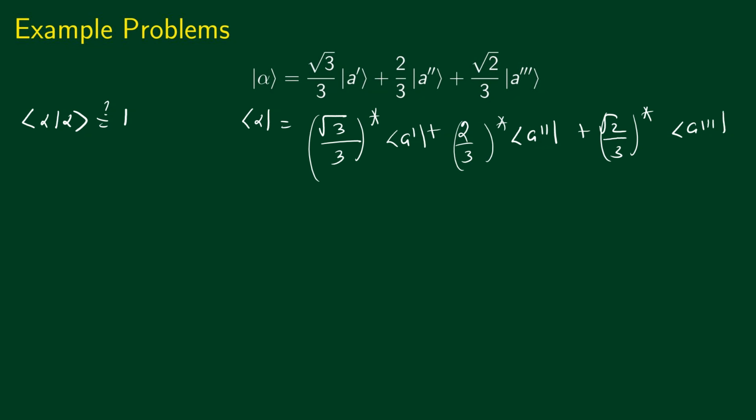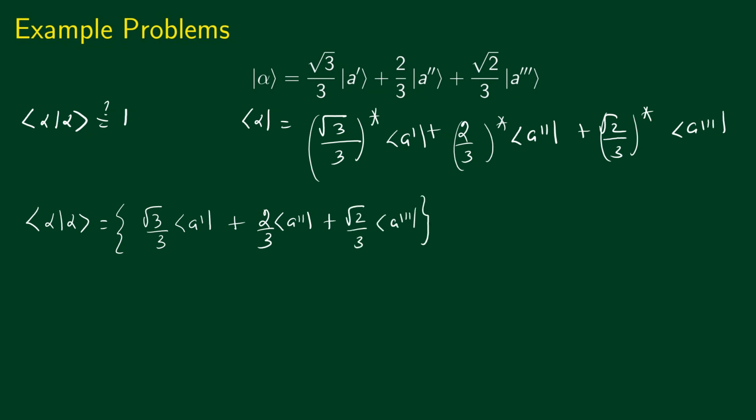Now we just need to combine them into bracket alpha alpha. Let me write bra alpha first. This is root 3 by 3 bra A prime plus 2 by 3 bra A double prime plus root 2 by 3 bra A triple prime, multiplied by ket alpha, which I'll write here: root 3 by 3 ket A prime plus 2 divided by 3 ket A double prime plus root 2 by 3 ket A triple prime.